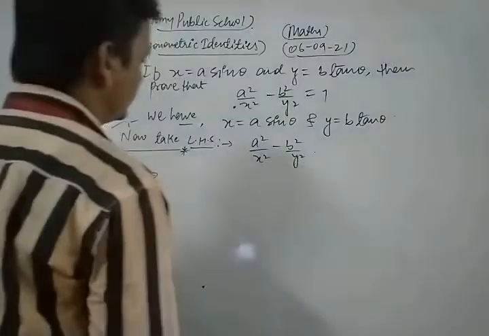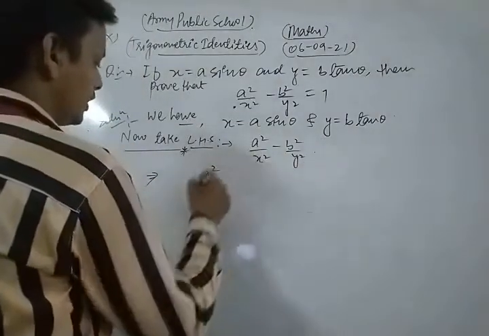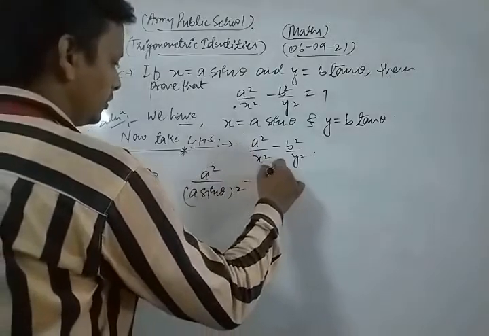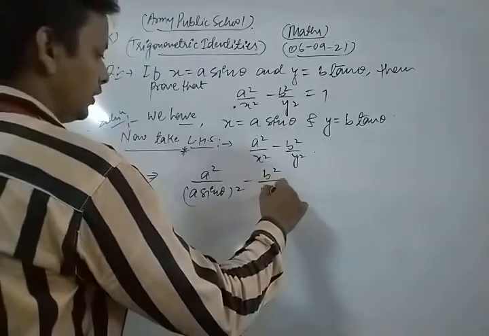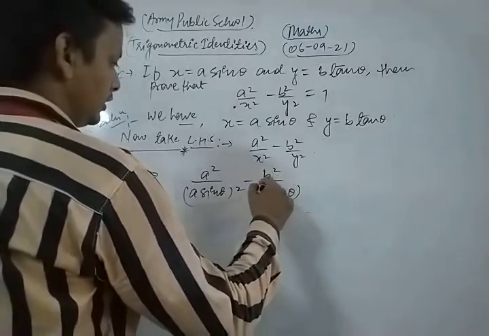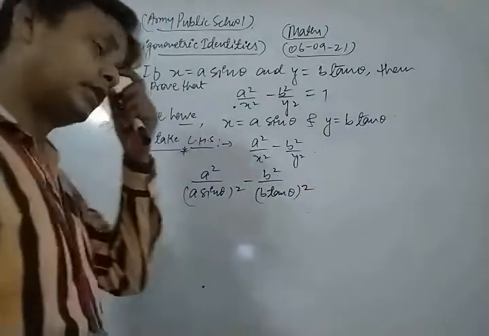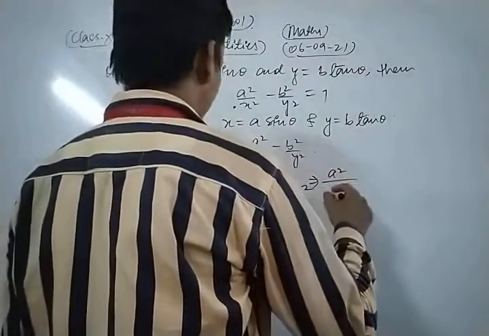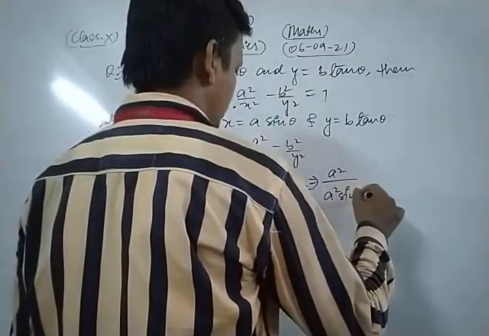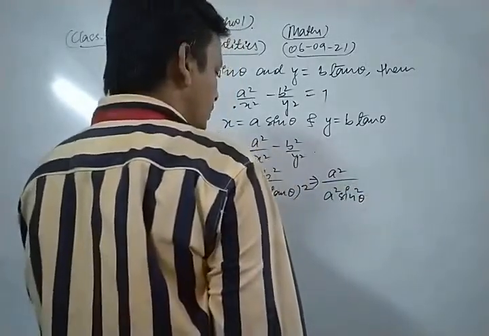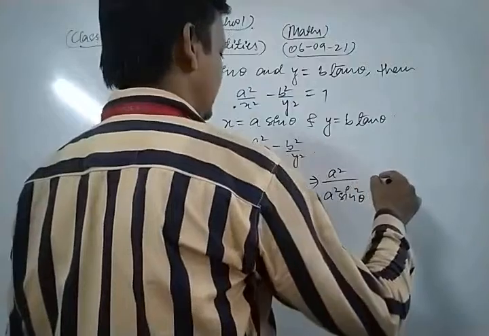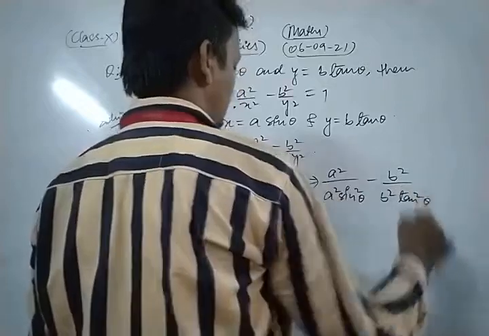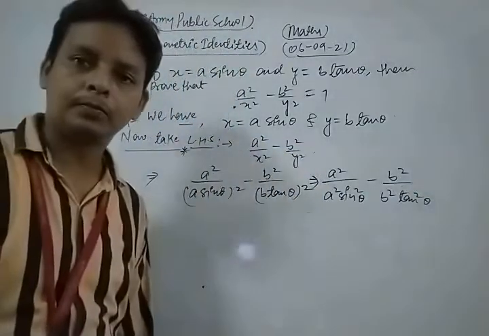So a square upon x square, the value is a sin theta whole square, minus b square upon y square, which is b tan theta whole square. So we get a square upon a square sin square theta minus b square upon b square tan square theta.